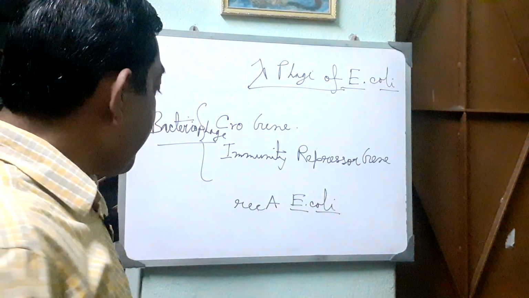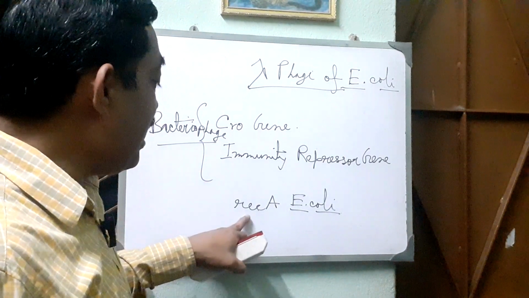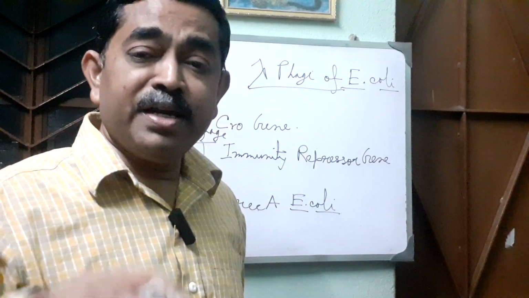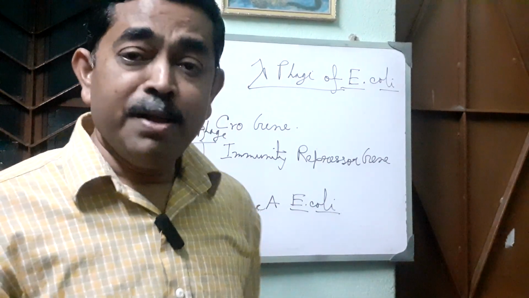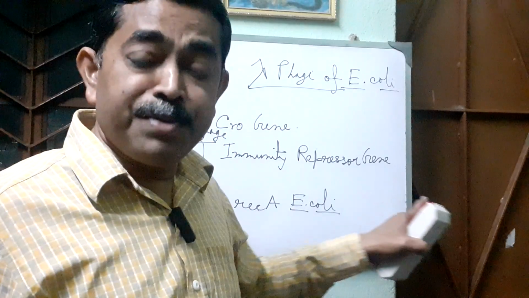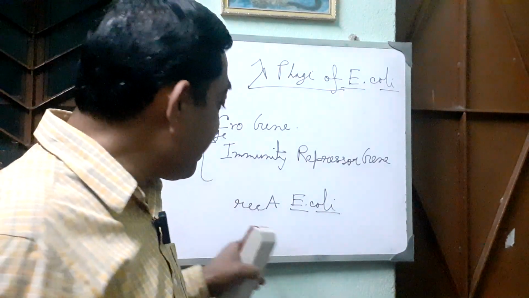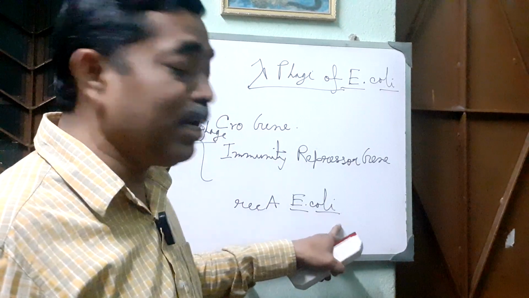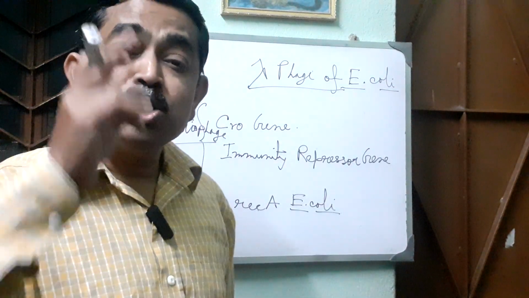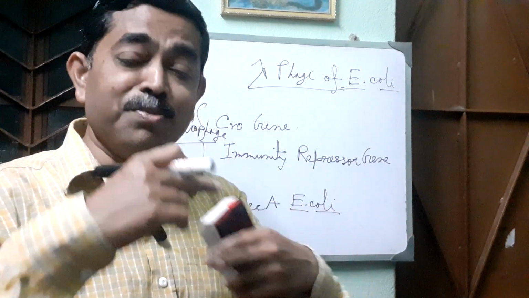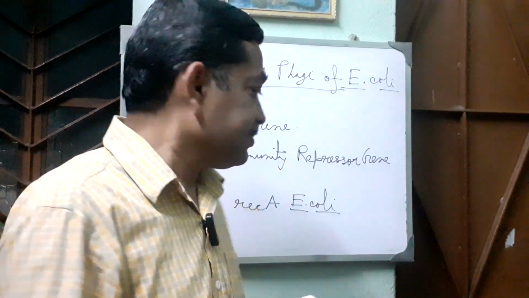This will actually repress or break down the immunity repressor protein and again start the lytic cycle. So the REC-A gene of E. coli is responsible for the spontaneous induction, or start, of the lytic cycle.